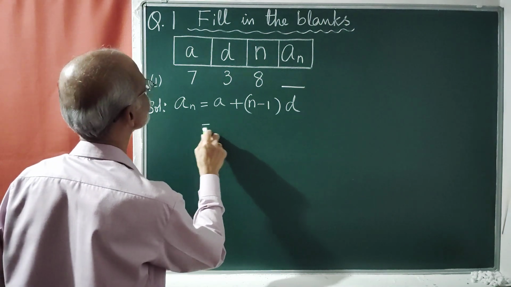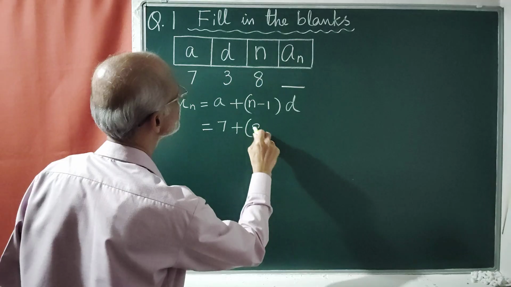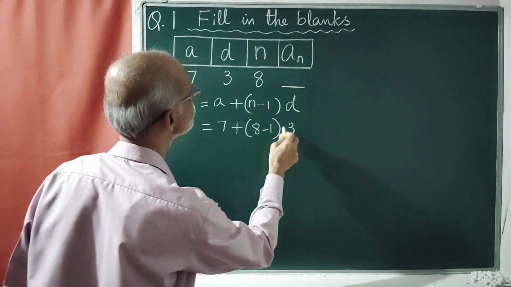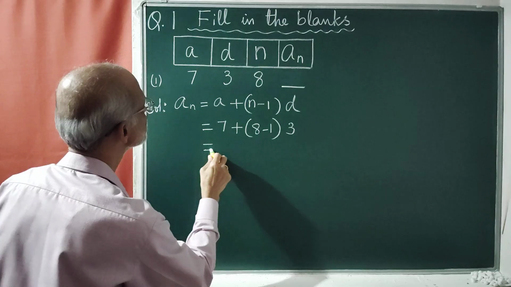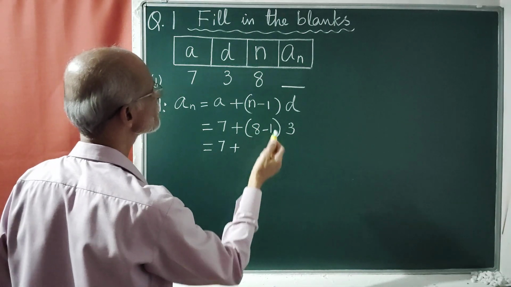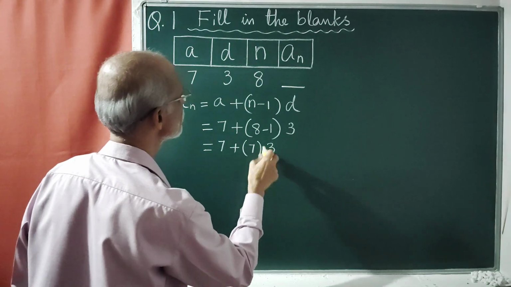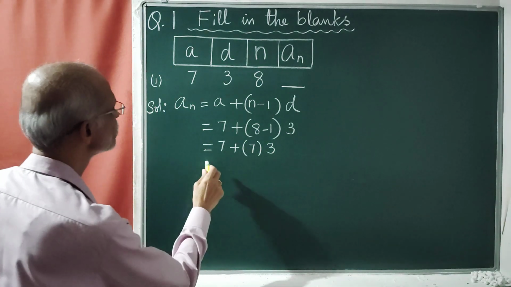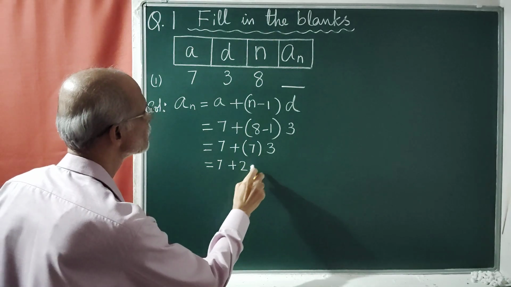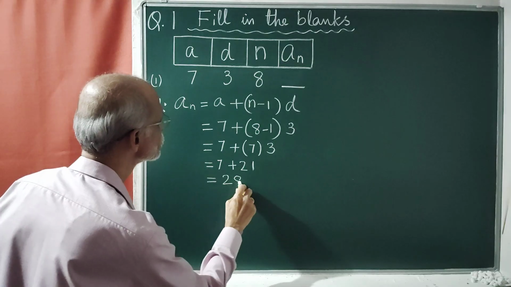So, the value of AN is 7 plus 8 minus 1 into 3. So, we get 7 plus 7 into 3. 7 3s are 21. So we get 28.